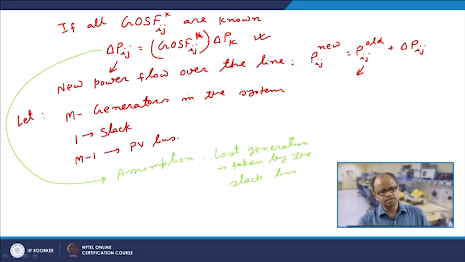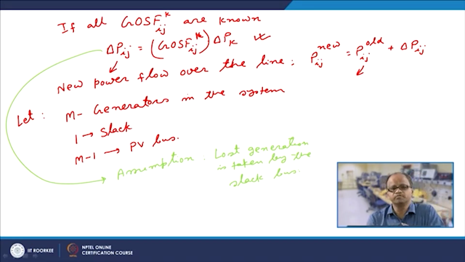We take this assumption because we say that our slack bus is the highest rated bus, or rather our slack generator is essentially the highest rating generator. So, it should be able to take the extra amount of generation, but obviously our slack generator is not a generator which has got infinite capacity.